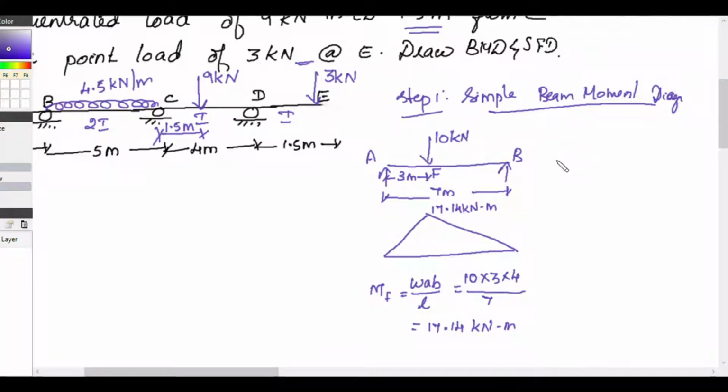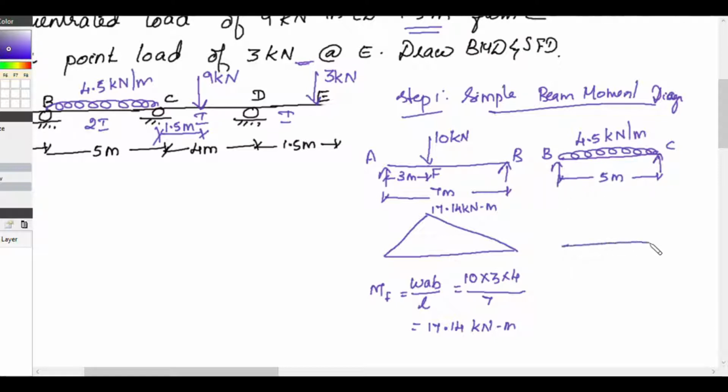For the span BC, this is B and C, we have a uniformly distributed load of 4.5 kilonewton per meter. Here the span length is 5 meter.